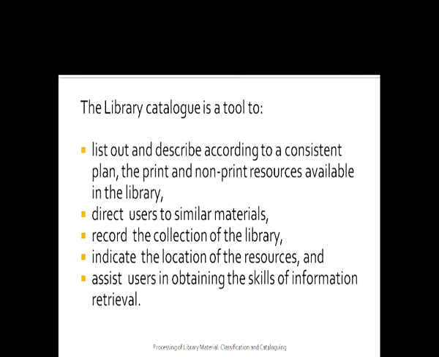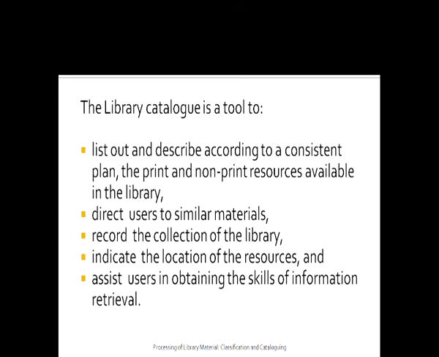Then we can record the collection of the library. Besides this, it indicates the location of the resources, because when we take a look at the library catalog, it will tell us which document can be found at which classification or class number. Then lastly, it assists users in obtaining the skills of information retrieval.